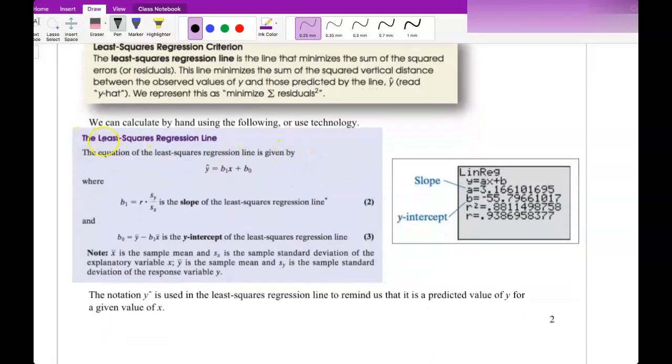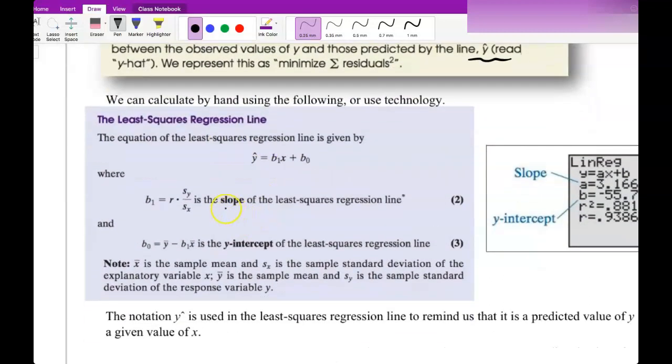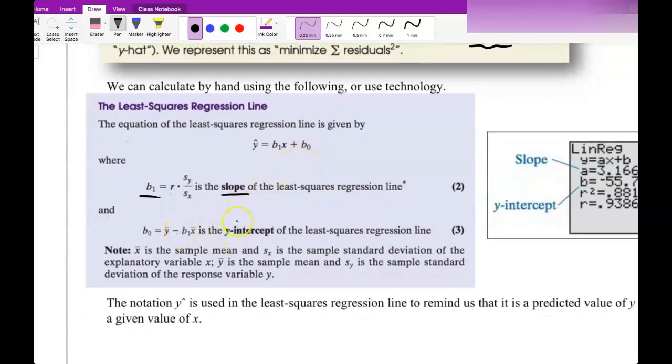Okay, let's see what that is. The least square regression line is shown with y hat. So here I have that part, shown with y hat, and that is exactly the same as having slope-intercept form. So this is B1, that is the slope. And this part is our y-intercept, B0, or we can say x is equal to 0 and y is equal to B0.